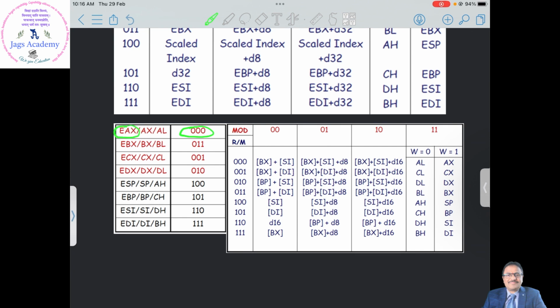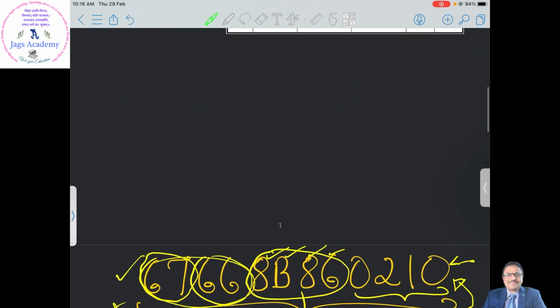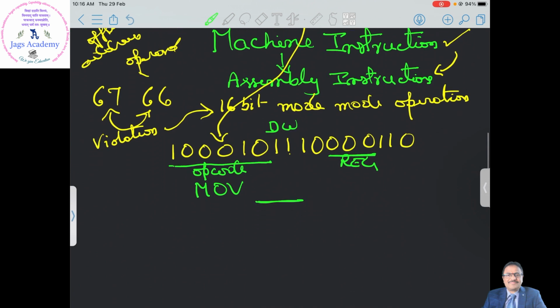The register is supposed to be EAX, not AX, not AL. It is EAX because there is a violation in 16-bit mode of operation. So what is going to come here is EAX. This we got, because data is going to the register according to the D bit. That means this will definitely be a register.